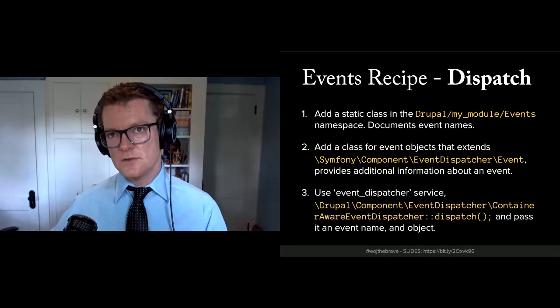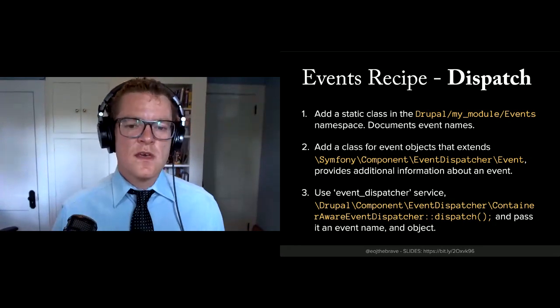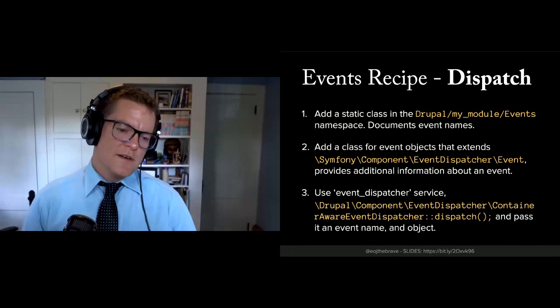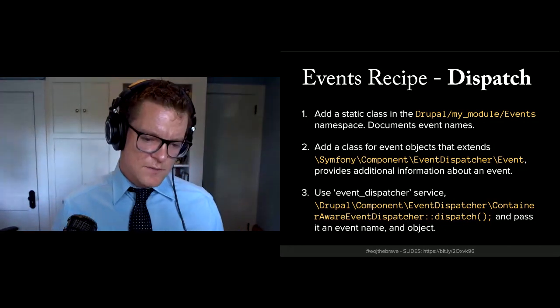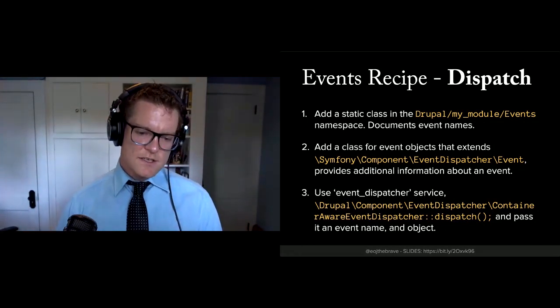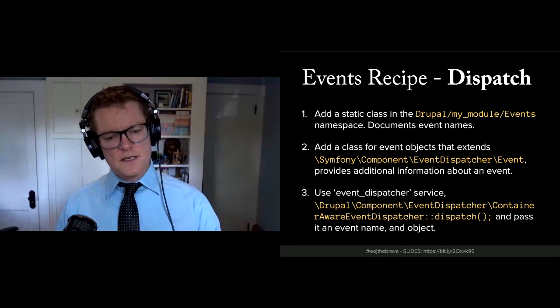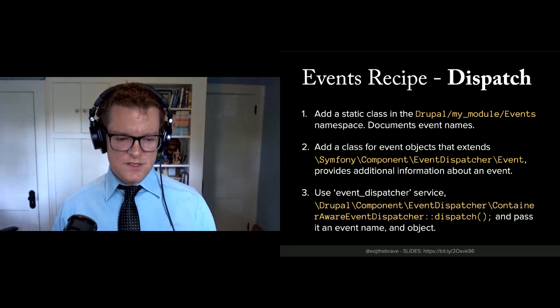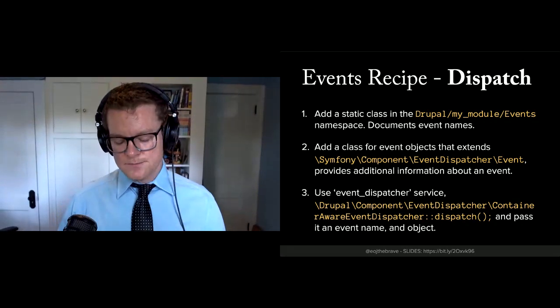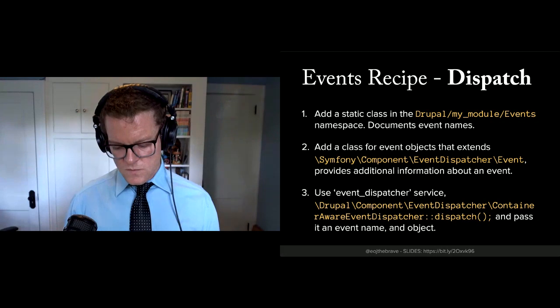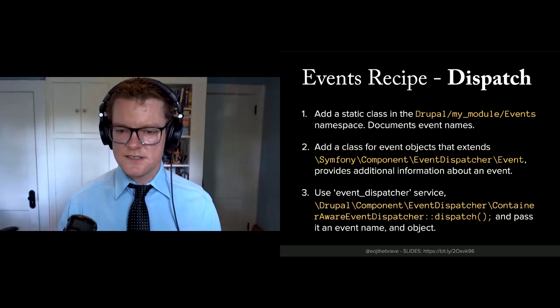This is what I want you to know about what's happening. And then get a copy of the event dispatcher service from the service container, call the dispatch method, and pass along an instance of the event class from step 2 that you want to pass on to whatever code it is that's listening.